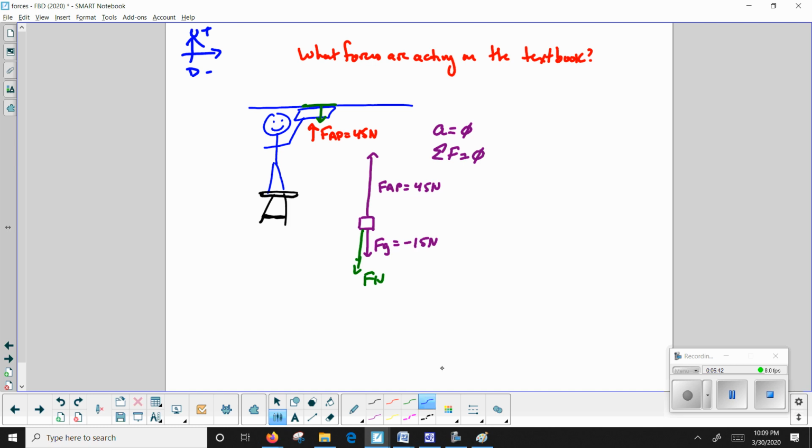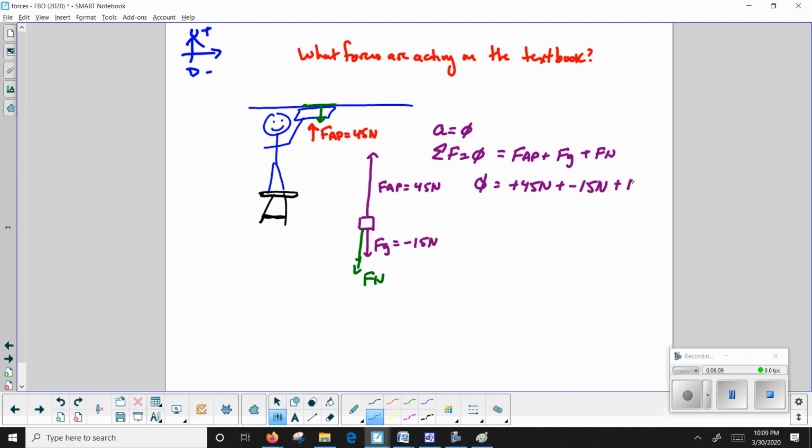How big is the normal force? Well, let's use our mathematical approach to find out. I know the overall forces have to be zero. They're all balanced. And they are going to involve the applied force, gravity, and the normal force. So let's see what happens here. I know my applied force is upwards. Force of gravity is downwards, right?